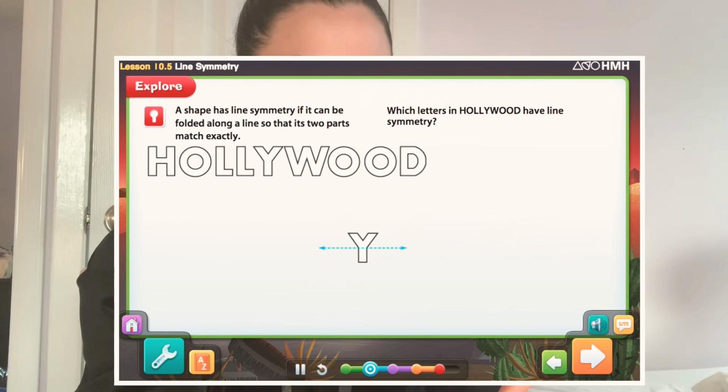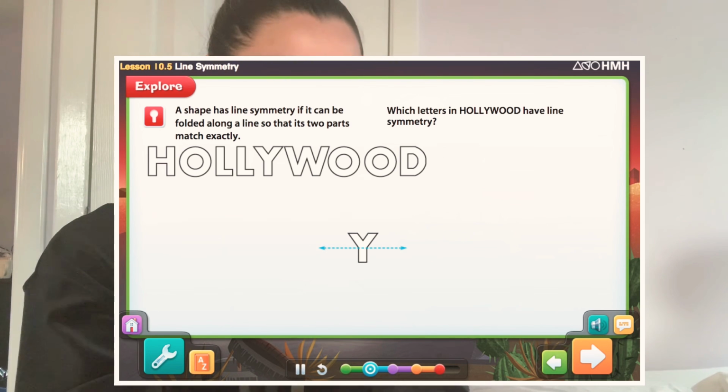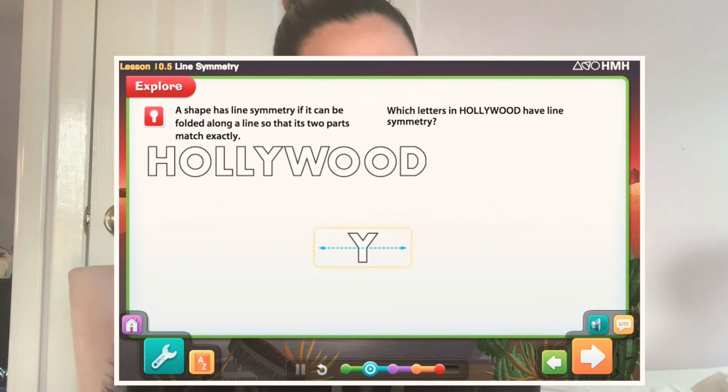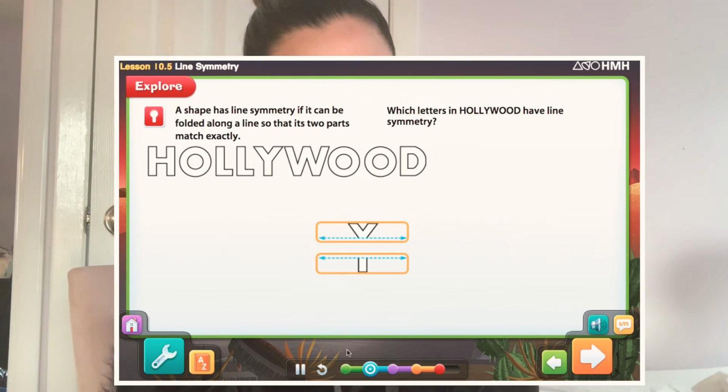As we get started, let's start with the letter Y. Let's start thinking, if we were to fold it going horizontally across, would the two sides match? If they do match, that would show one horizontal line. But do both sides seem like they match?